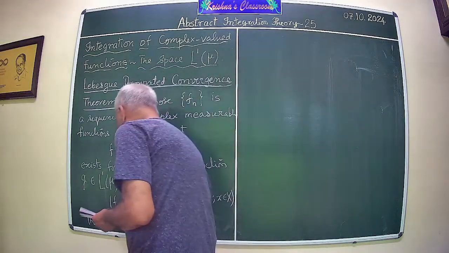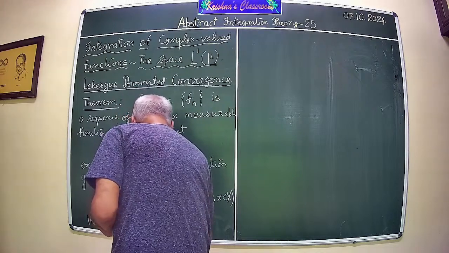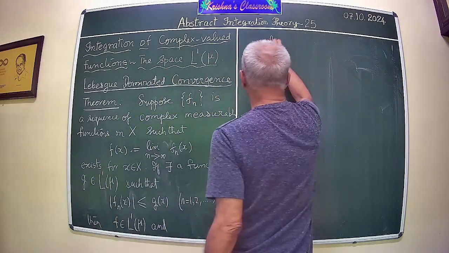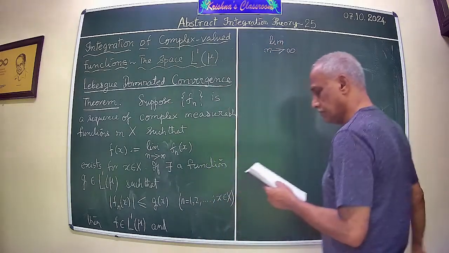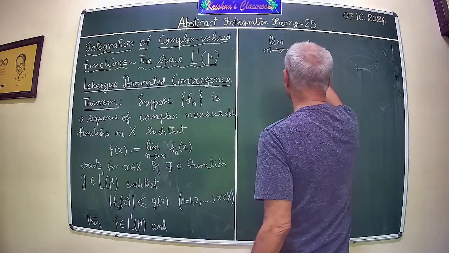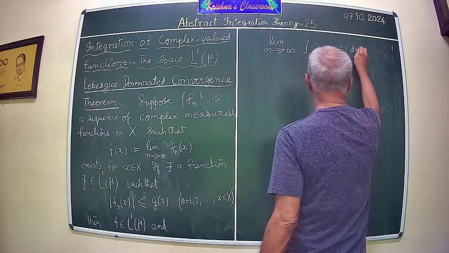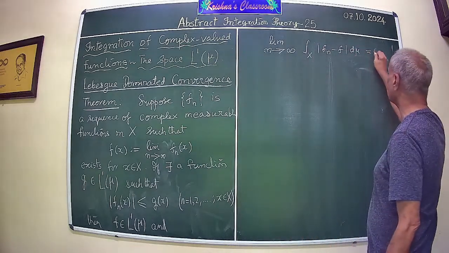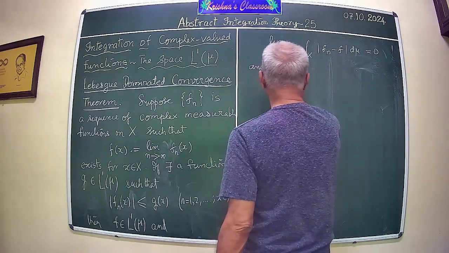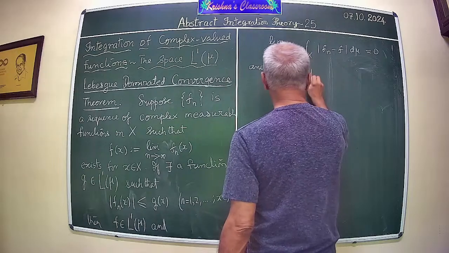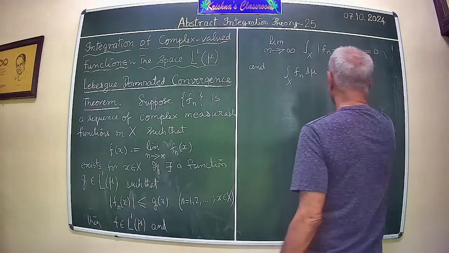F belongs to L1(mu) and the limit as n tends to infinity of the integral of mod Fn minus f is equal to 0, and the integral over X converges to the integral of f.